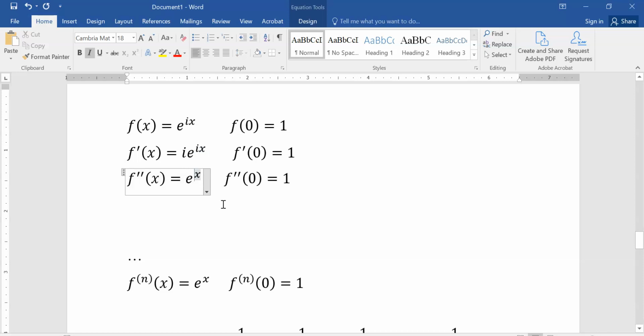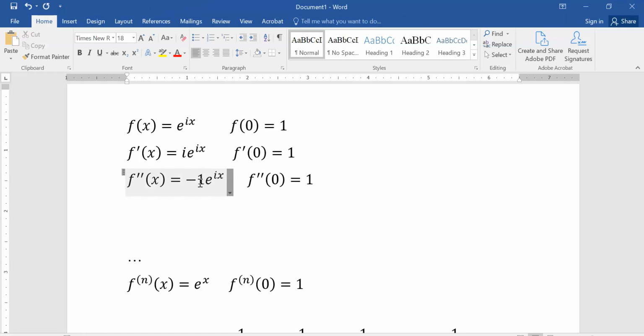Now, the second derivative: if I take a derivative of i times e to the ix, i is just a constant. It's a complex number constant, but that's still a constant. So the derivative of e to the ix is e to the ix, and I'd have to multiply times another i. So you'd end up with i squared. Now, because i is that square root of -1, i squared is -1 by definition.